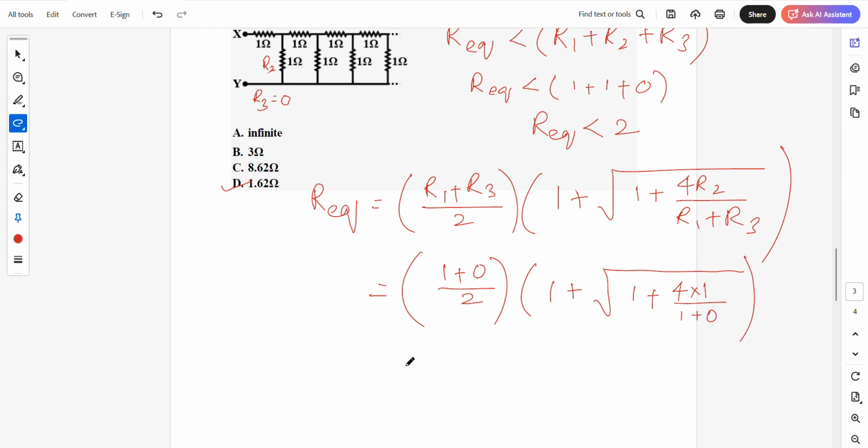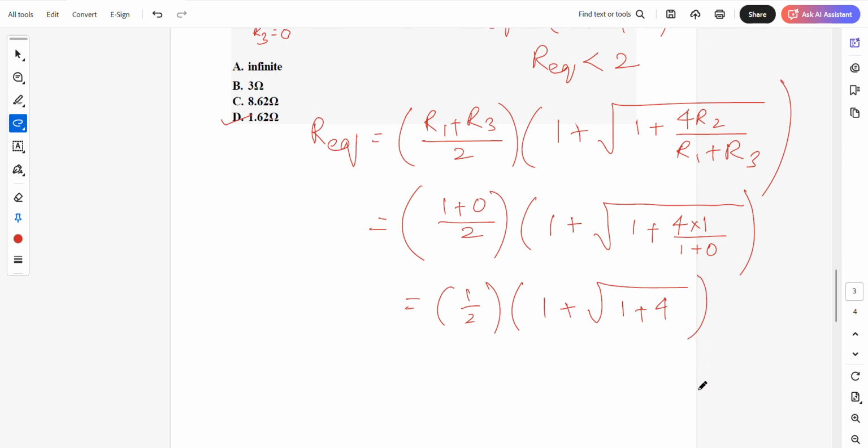That is equal to 1 by 2 into 1 plus square root of 1 plus 4 by 1, which is 4. That is equal to 1 by 2 into 1 plus root of 5.